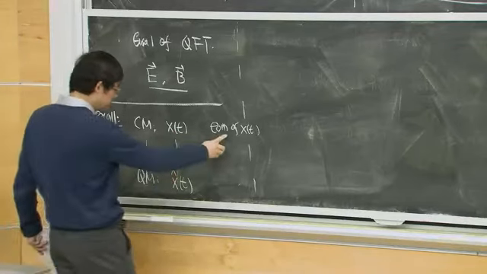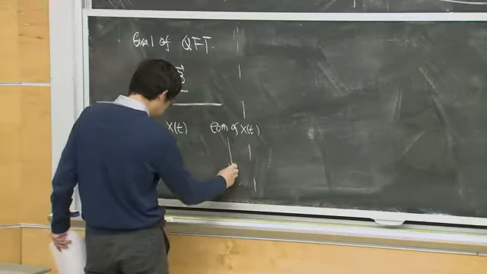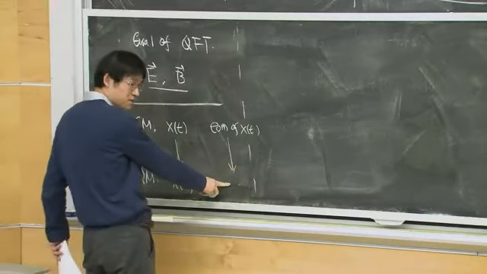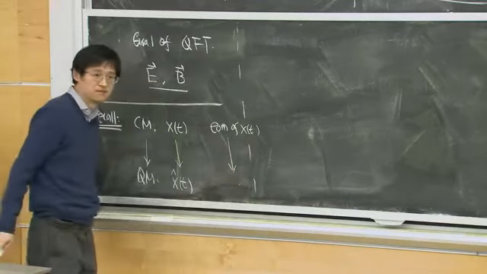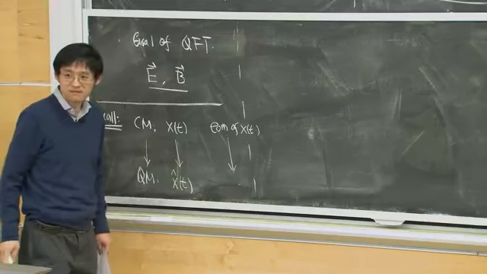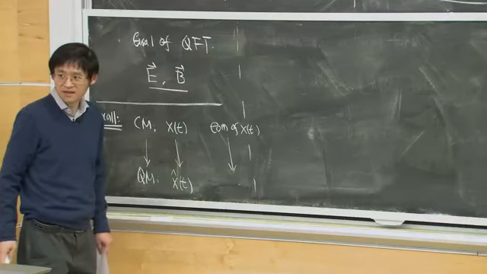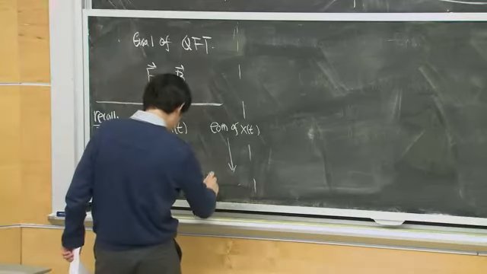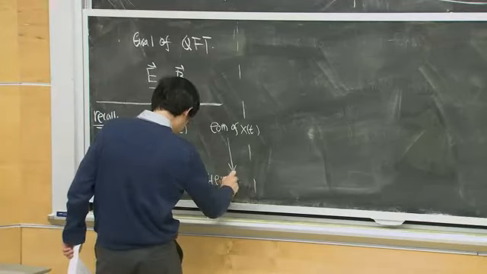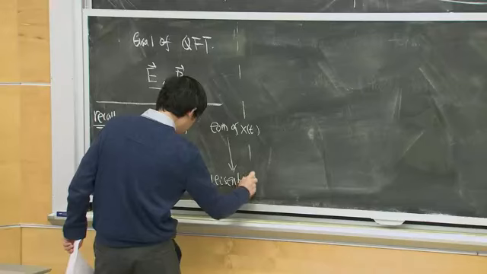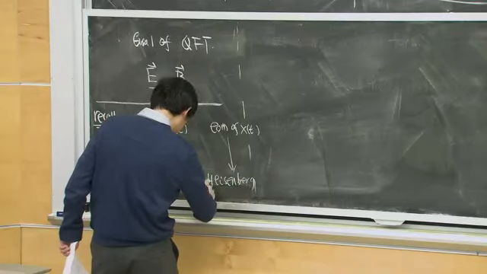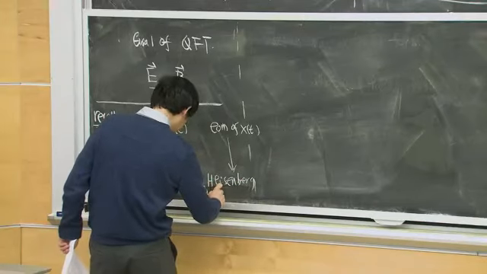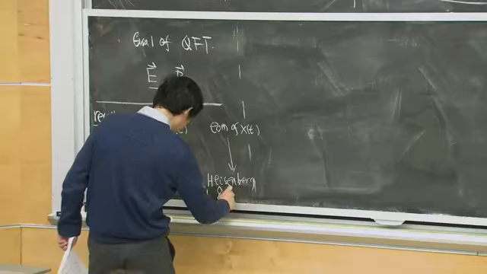And the equation of motion of x(t), do you remember what it becomes? Yeah, exactly, it becomes the Heisenberg equation for x(t), for this operator now.